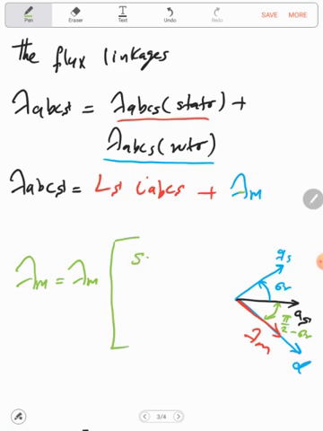So this will be sine theta r, and the projection of lambda m to the BS.